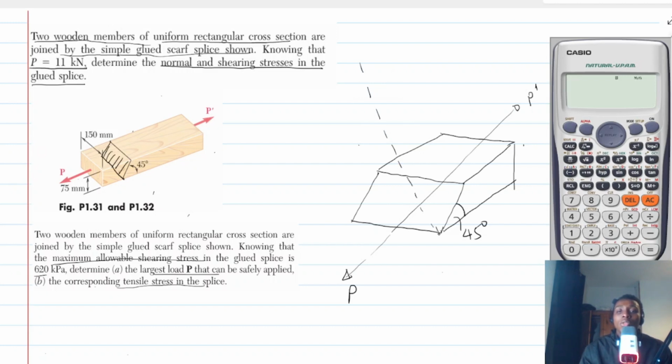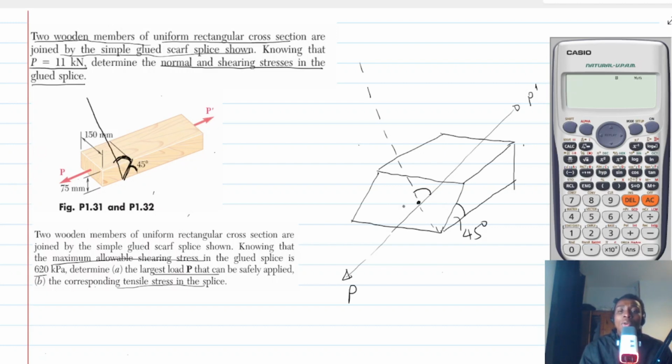But then this cut is actually 45 here. So we expect that this angle must be 45. All right, why are we saying this? We are trying to say that the angle of inclination is 45.